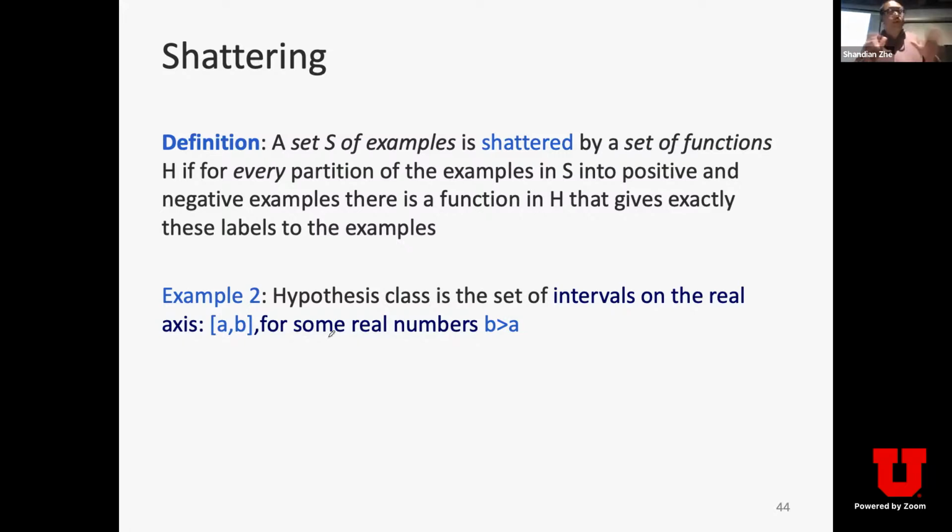But again, you can see that this one is also an infinite hypothesis space. The left bounded interval hypothesis space is infinite, and the interval space is infinite. But there's still a big difference in terms of their expressivity. Any questions so far?